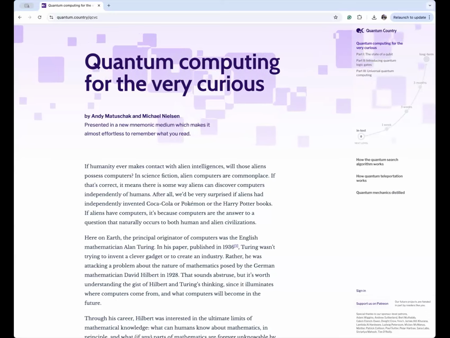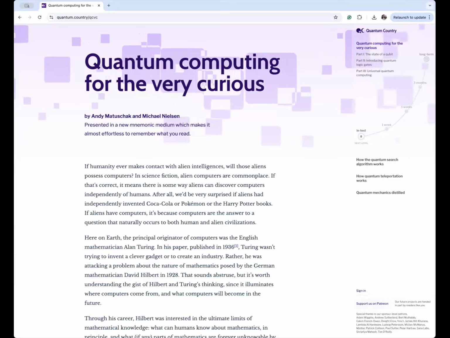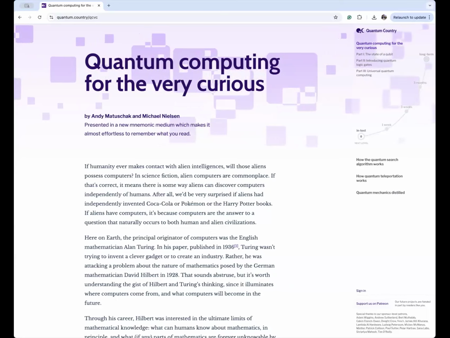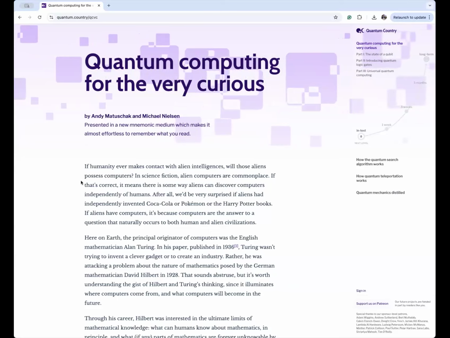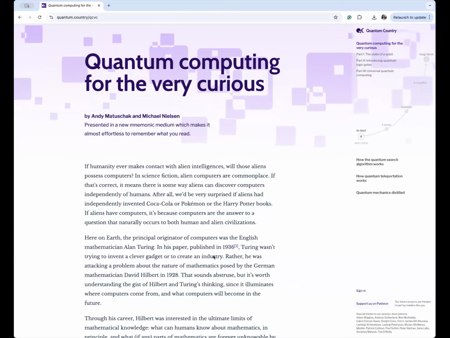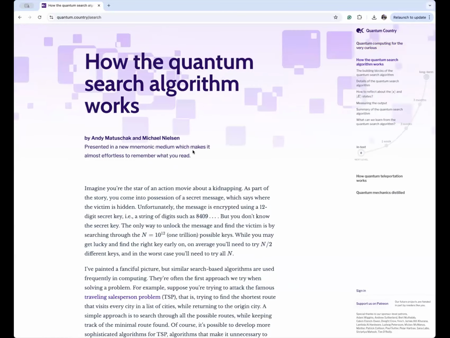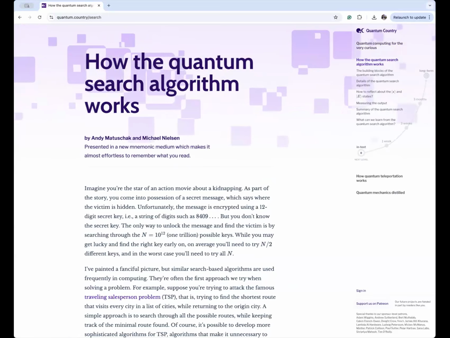You can also just turn on your mic and tell us what you think about quantum.country, or use the chat as you wish. I'll see if anything still comes in via the chat. And as I said, take a look. You can study the Grover algorithm here in detail, plus have some questions in this interactive essay.